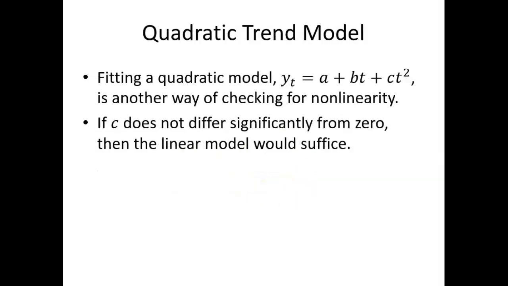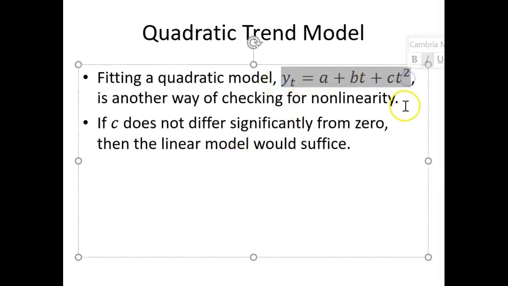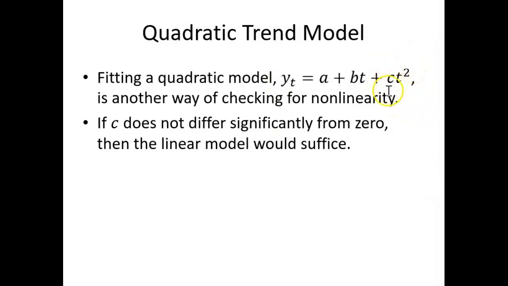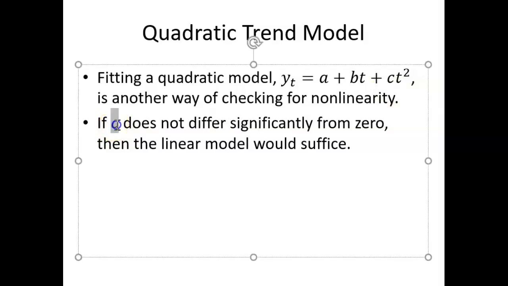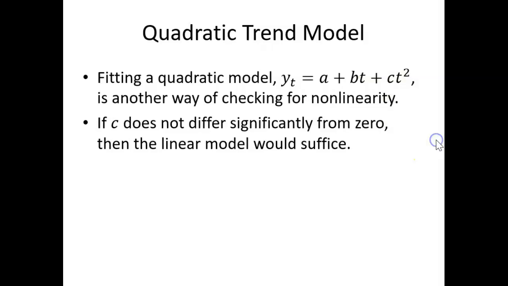And then the third model is a quadratic trend model. You just fit the quadratic with ordinary least squares regression. And you can test for this quadratic term by checking to see if c, the coefficient on the t-squared variable, is significantly different from 0.